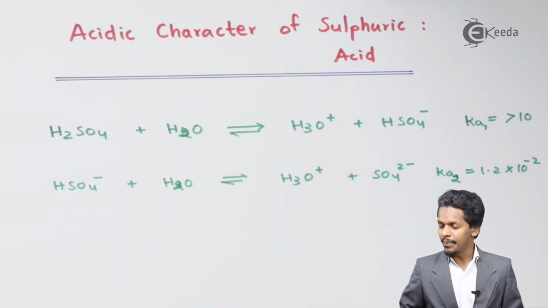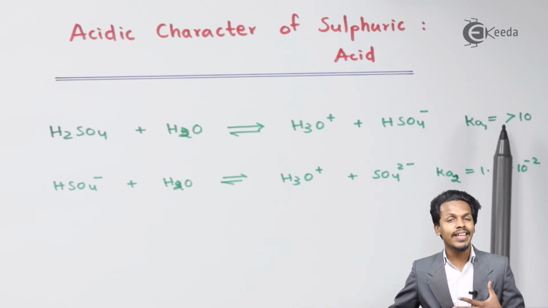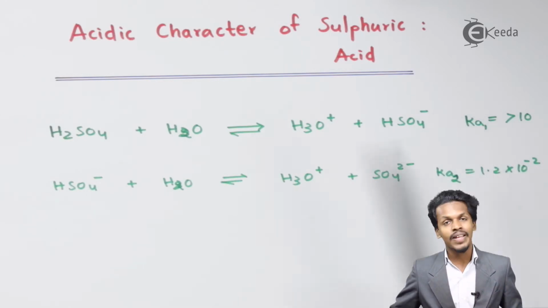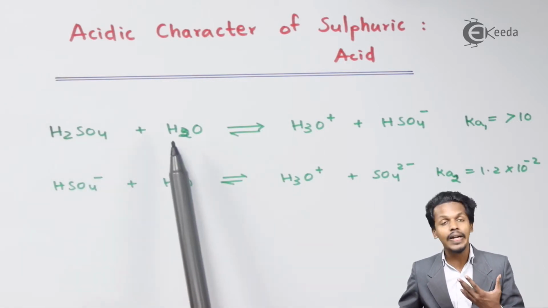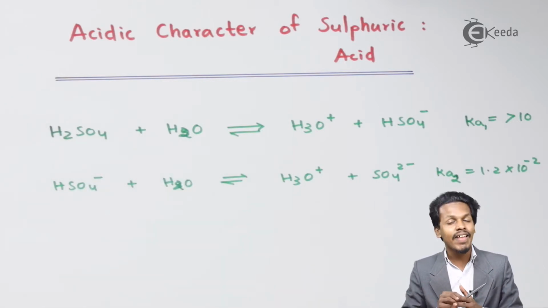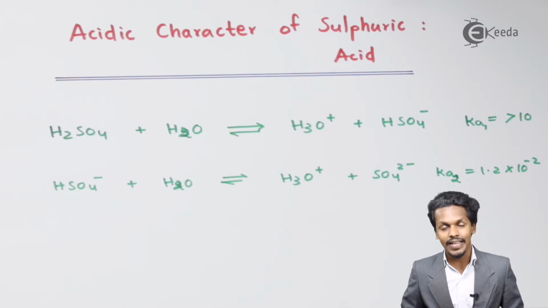This shows that the one which has a greater dissociation constant value is very much acidic in nature. So whenever H2SO4 gets dissolved in water, it ionizes completely and in a large amount, and that shows that H2SO4 is very much acidic in nature.